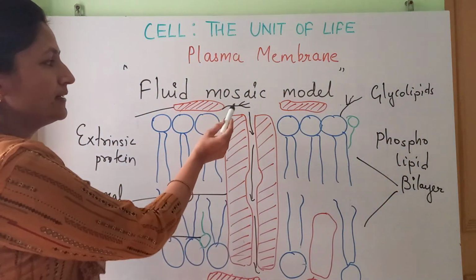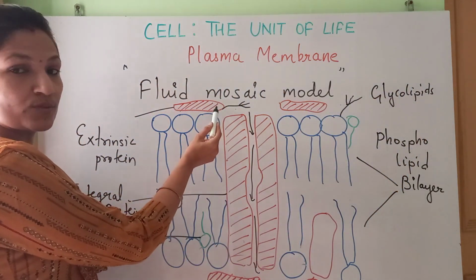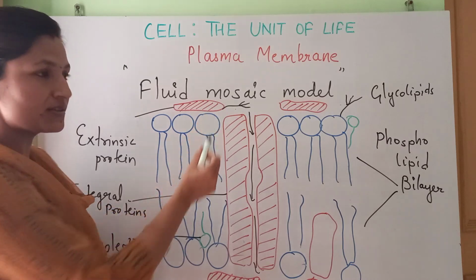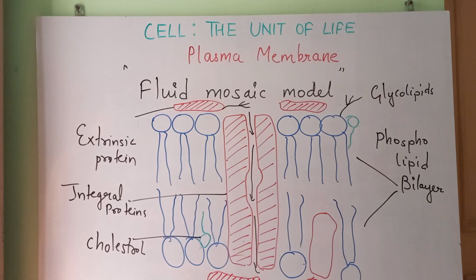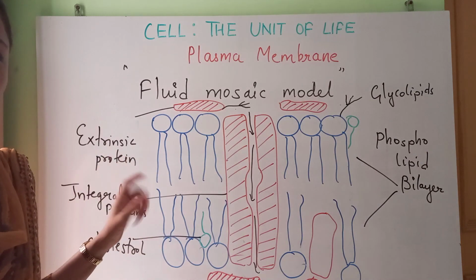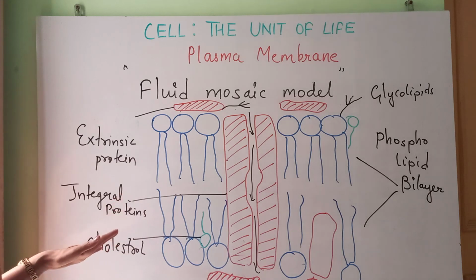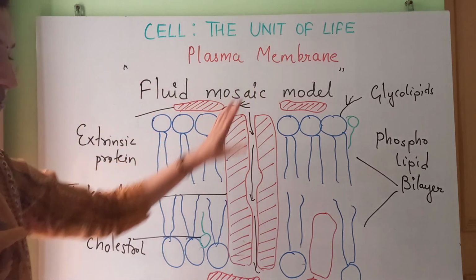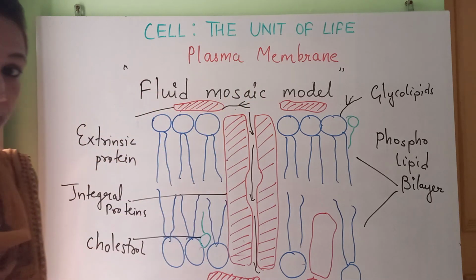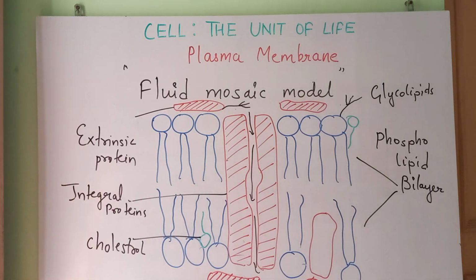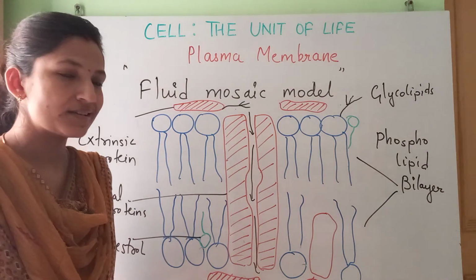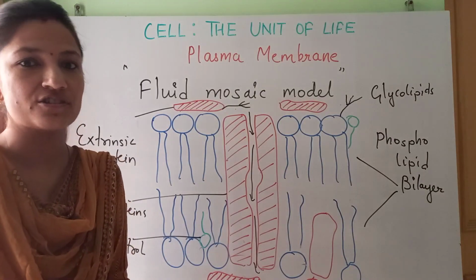Here, the carbohydrate is attached with the protein. So this is glycoprotein. So this is the complete structure of plasma membrane, which was explained in the fluid mosaic model. Clear? So this much. In the next lecture, we will talk about the functions of plasma membrane.